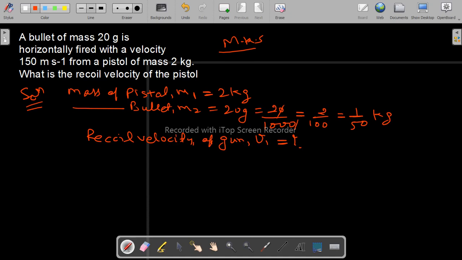This is to be found out. The second thing is the velocity of the bullet.